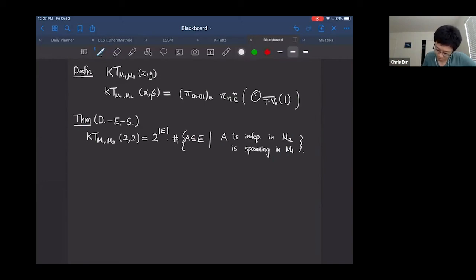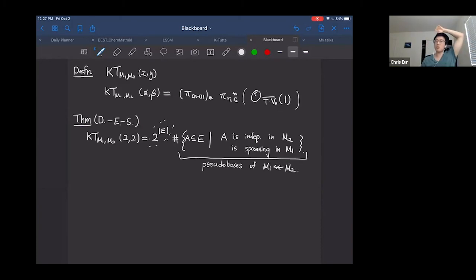So if we ignore this factor, now if we plug in 2, 2, it actually counts what are known as, well, some people call this pseudo bases. In my paper with June, we just call these the bases of the matroid morphism from M2 to M1.